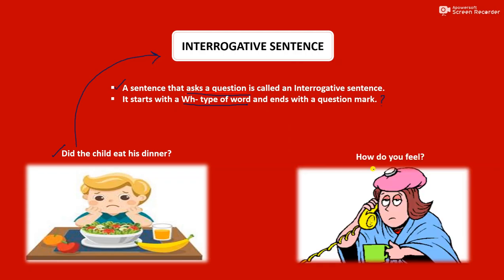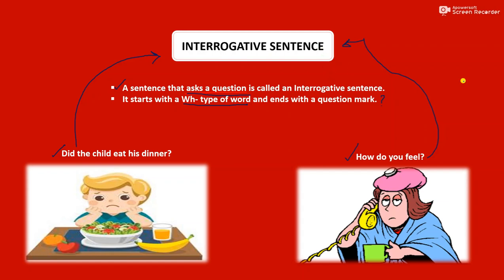Similarly, how do you feel? Again here we are asking about somebody's well-being, how somebody is feeling. So here again, since we are trying to interrogate or collect information, we are asking a question, and therefore this sentence again falls under the category of an interrogative sentence.